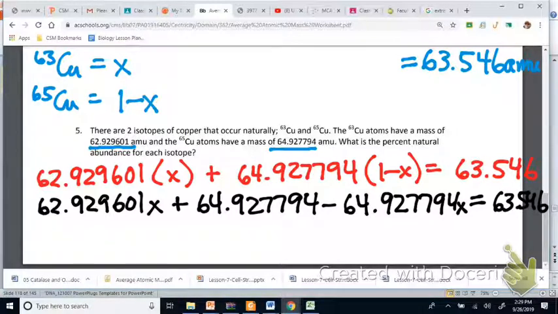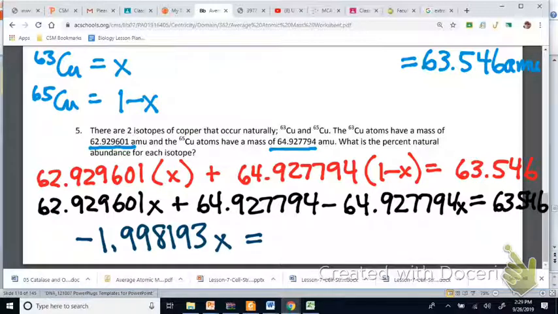So when I start collecting like terms, on one side I get negative 1.998193x is equal to negative 1.381794.